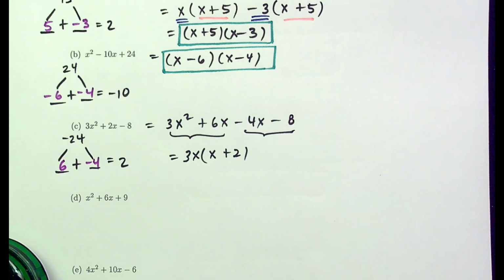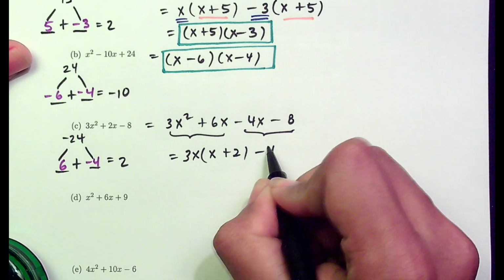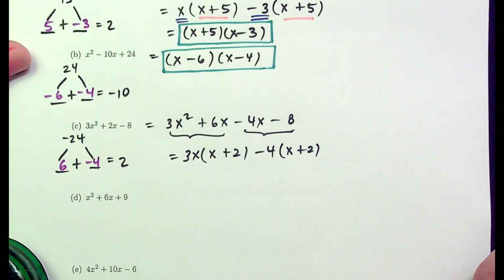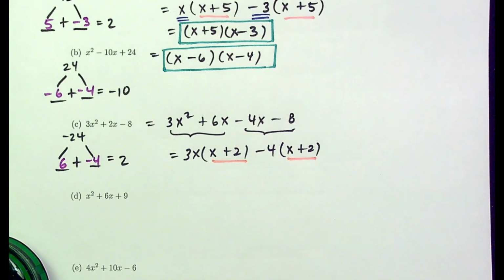And then from the last two, what is common is a 4, but you pull out the negative with you because it's negatives. So you actually pull out a negative 4. So minus 4, and then this is x plus 2. And note that this is repeated, which we expected. That means it's a common factor.